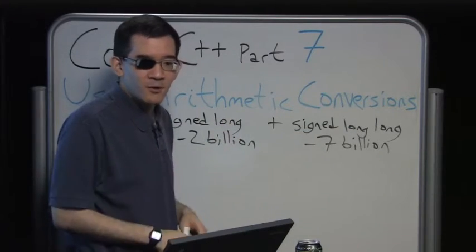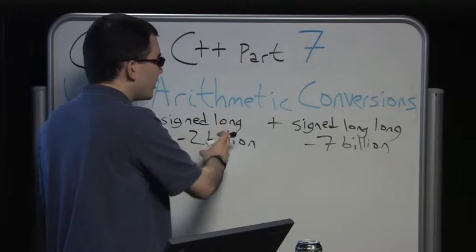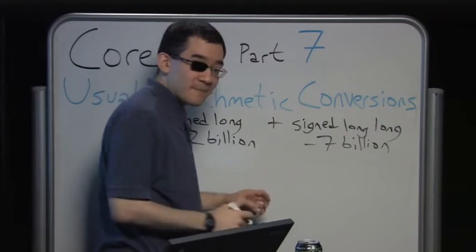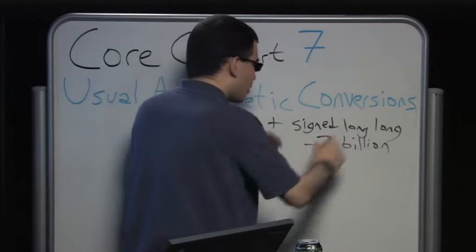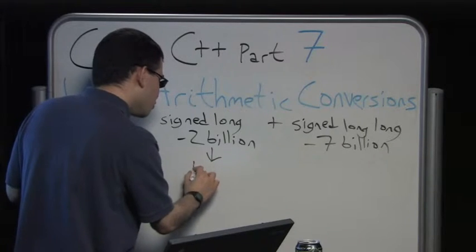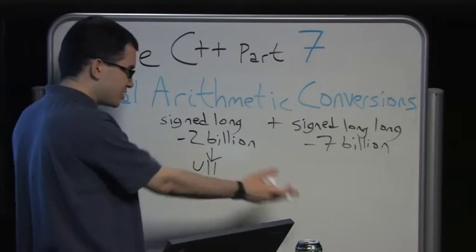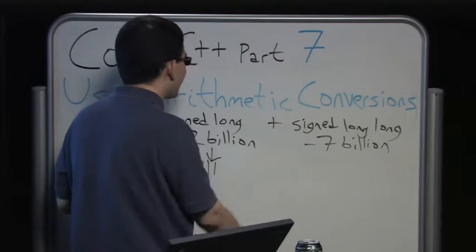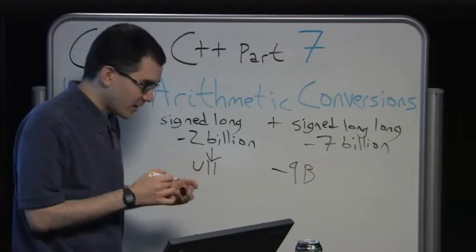So then it hits this bullet point about if they're both signed, which they are, then the littler one gets converted, I should not say promoted, to the width of the larger one. So what happens here is that signed long will get converted to the 64-bit type. That's value preserving because it's just totally bigger. And then they get added, and we end up with negative 9 billion as expected.